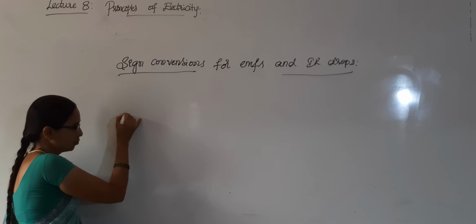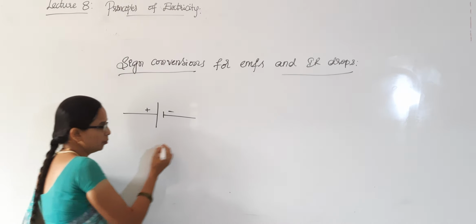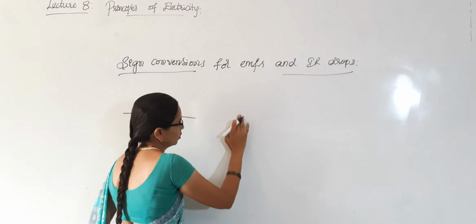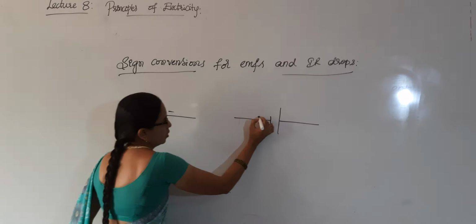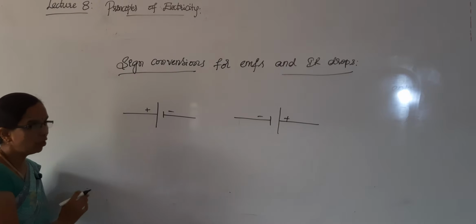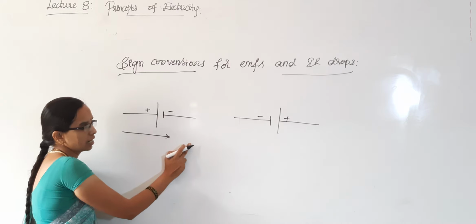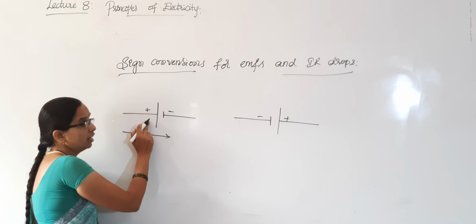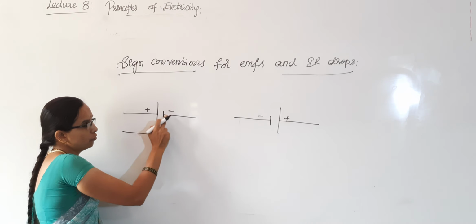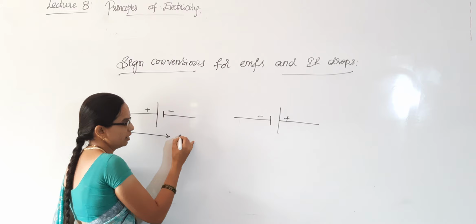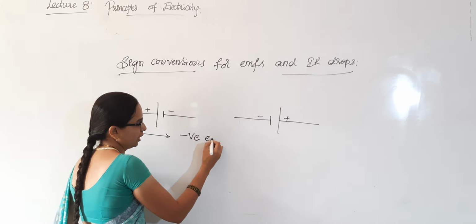For example, this is the EMF. If you are analyzing the circuit from here to here, in this direction, then the EMF is moving from positive to negative, so this EMF is considered as negative voltage or negative EMF.